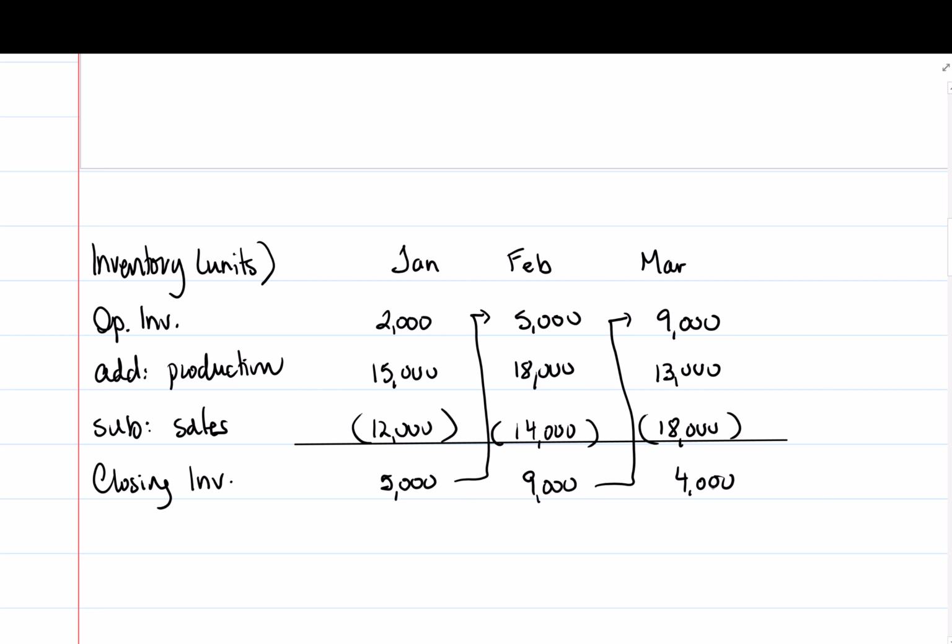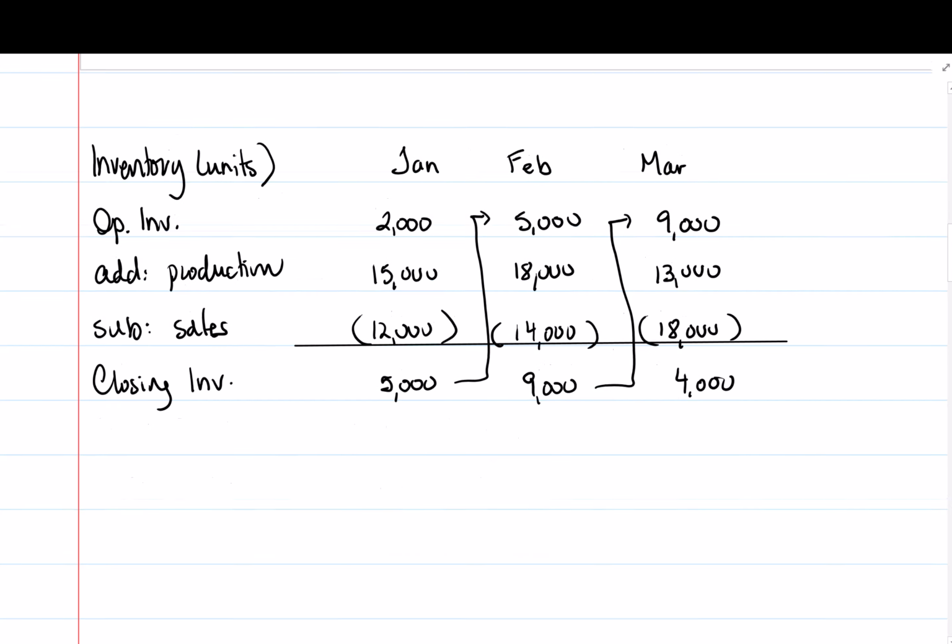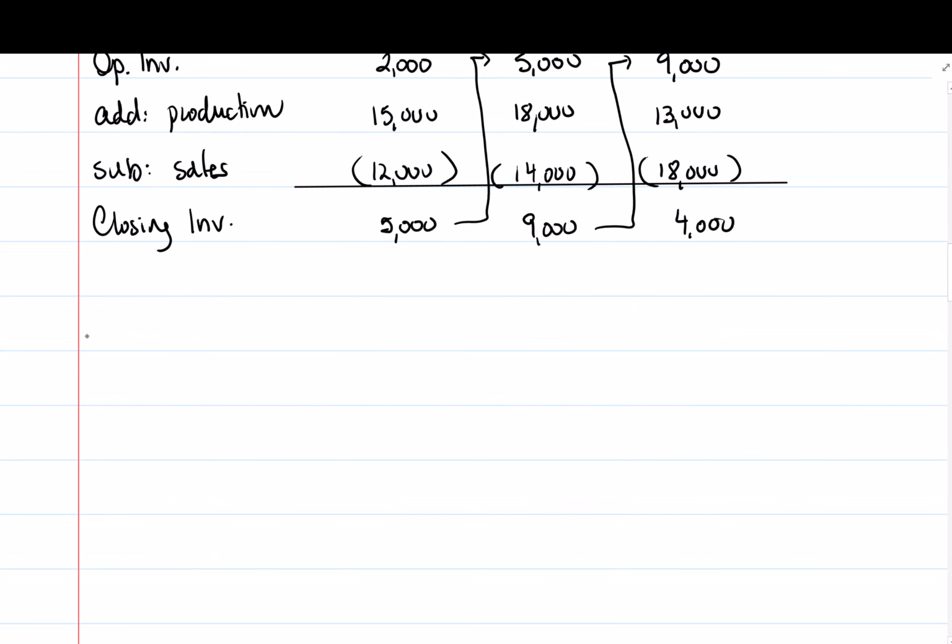This inventory jumps around a little bit, but the next thing I would usually do is my unit product cost. And again, this is product cost, so you don't want to be including your selling and admin there. Usually you do direct materials, direct labor, manufacturing overhead, but I just want my variable. In this question, they just say variable manufacturing cost per unit.